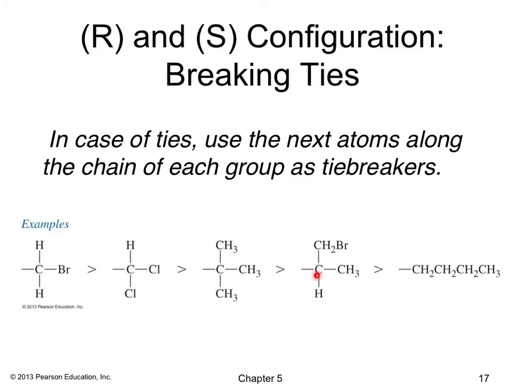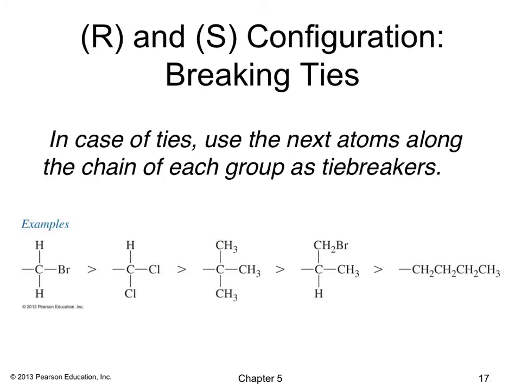This does, because this carbon is attached to one carbon and another carbon and a hydrogen, whereas this carbon is attached to 2 hydrogens and then another carbon. So this will take priority. If we compare this to this, this carbon is attached to 3 carbon atoms, whereas this is only attached to 2. As a result, this will take priority.